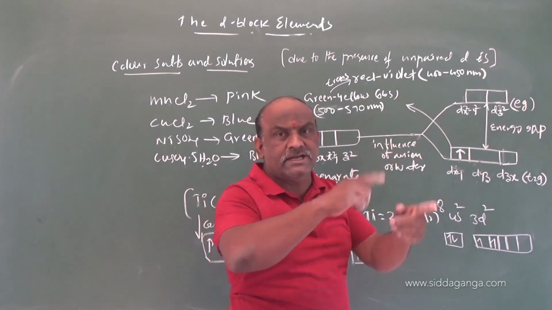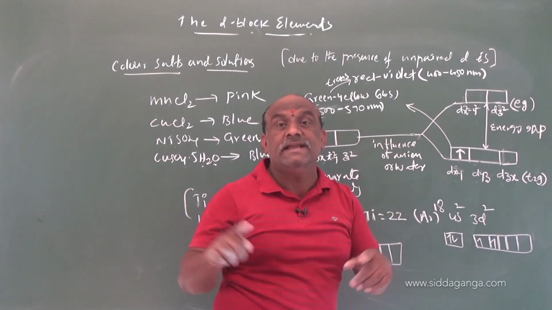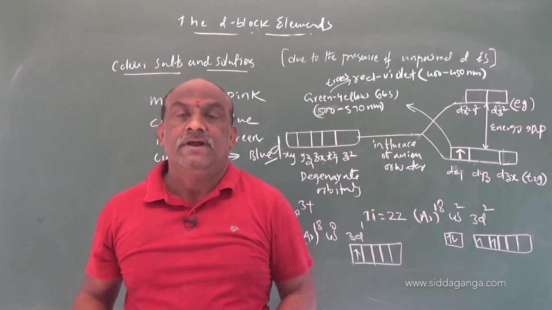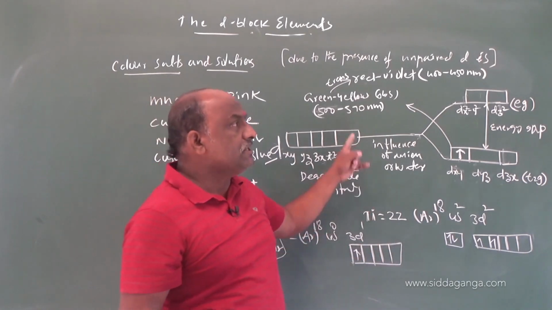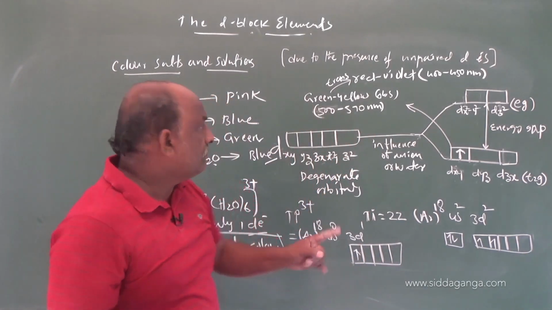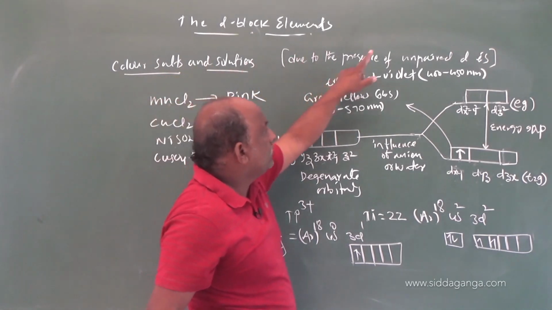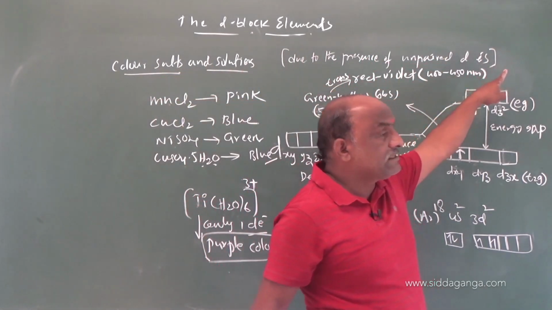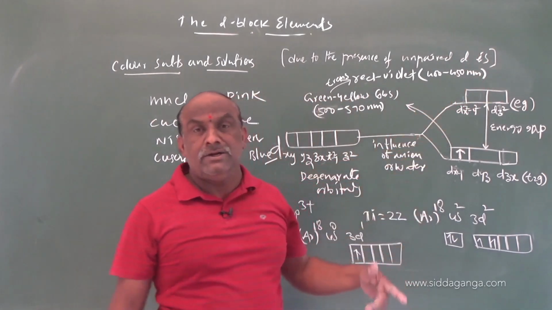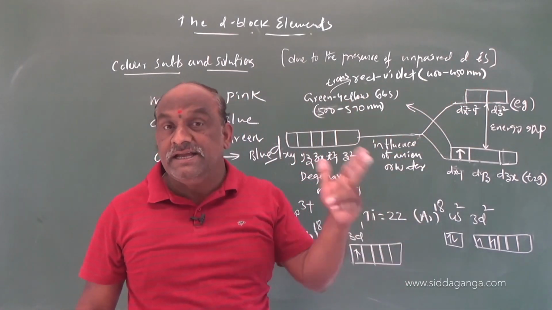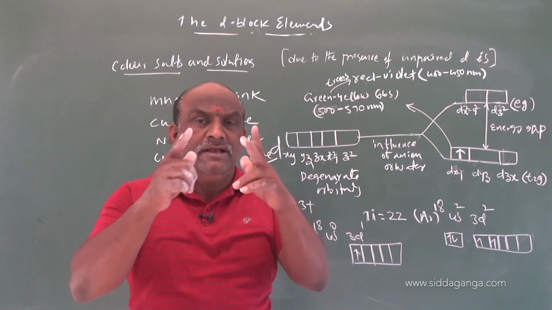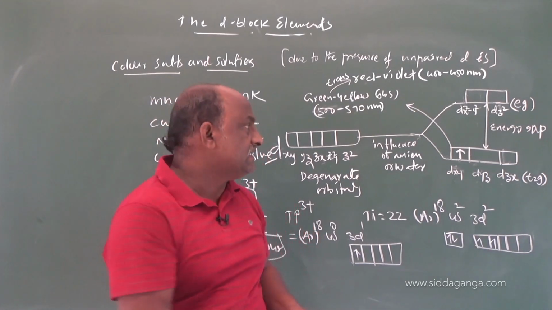This type of excitation and de-excitation is said to be dd transition. So this is the reason for formation of colored salts and solutions. Due to the presence of unpaired d electrons, these d electrons undergo excitation and de-excitation, which is said to be dd transition.